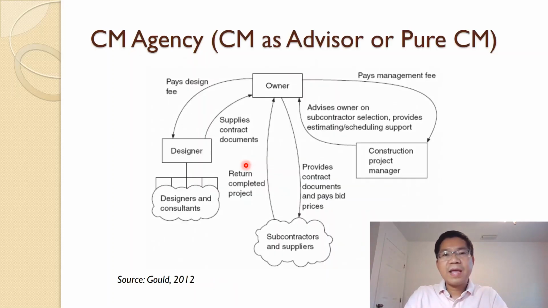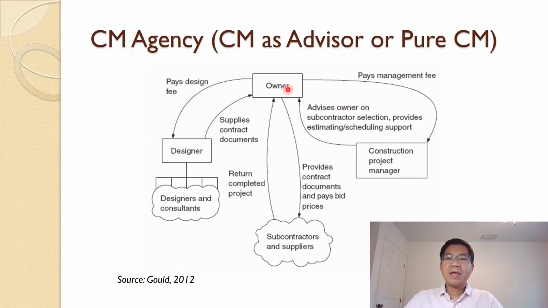The third one is CM, construction management. Like I said, it has two variants, CM agency and CM at risk. Let's start with CM agency, or CM advisor, also called pure CM. In this case the owner tends not to have expertise in construction, so they hire a construction manager at the beginning to get involved and help the owner work with the designer.